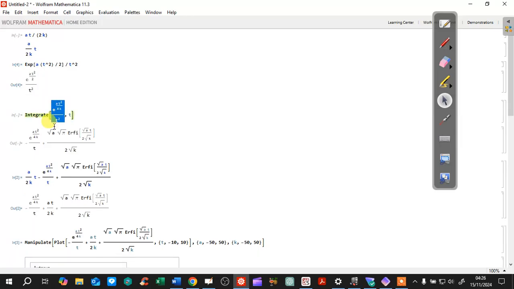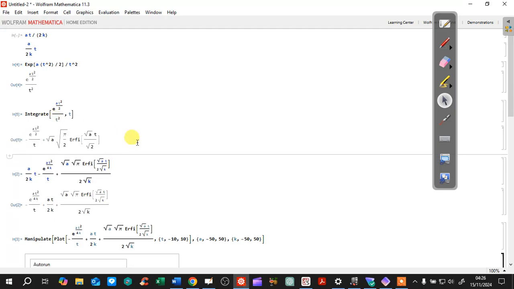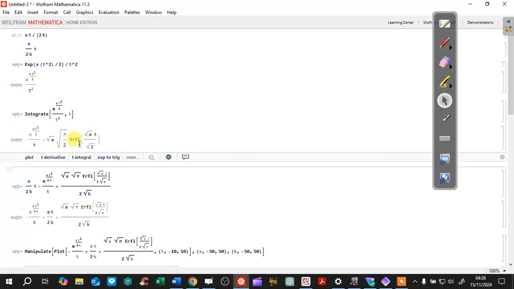There we are, Control V. So if we integrate that, we get this, I think it's an imaginary error function. Let me see if I can write that down.